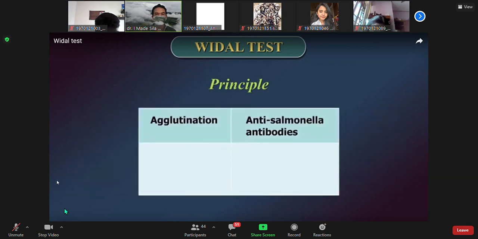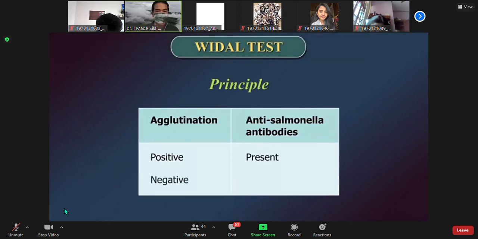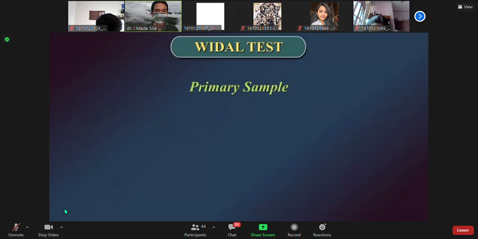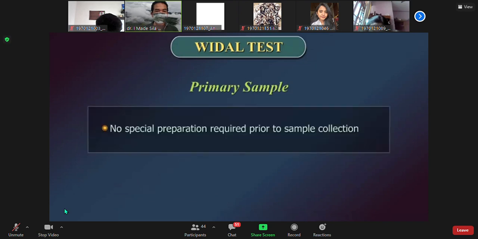Agglutination is a positive test result indicating presence of anti-Salmonella antibodies in the patient's serum. Negative test result is indicated by the absence of agglutination. Primary sample. No special preparation of the patient is required prior to sample collection by approved techniques.